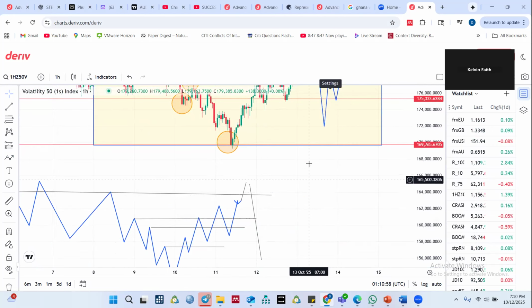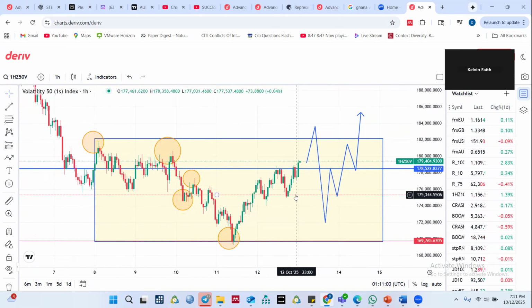We might have a pullback just into the red line, or just into the blue line. I don't know if we're going to have a deep pullback to discount.